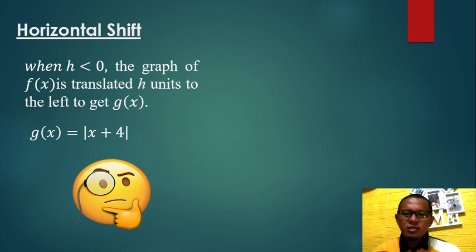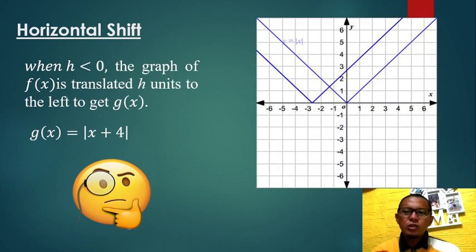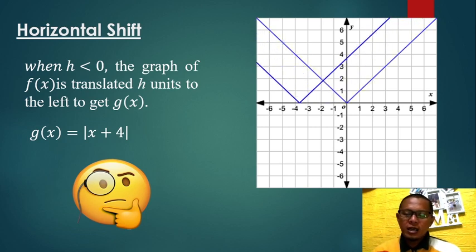So there is something inside the absolute value. So in the plus 4, maybe there is a negative multiplied to the negative 4. So it means the value of h is less than 0. So the graph is moving to the left. Right? So any question?